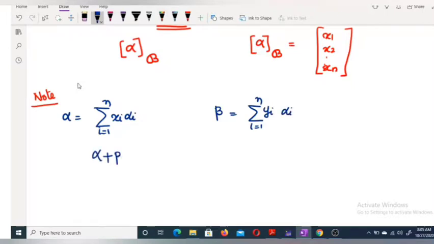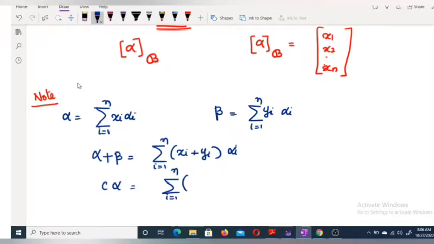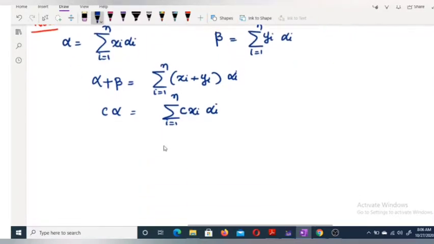By definition, alpha plus beta you can write as the sum from i equals 1 to n of (xi plus yi) alpha i. Similarly, C alpha you can write as the sum from i equals 1 to n of C xi alpha i.